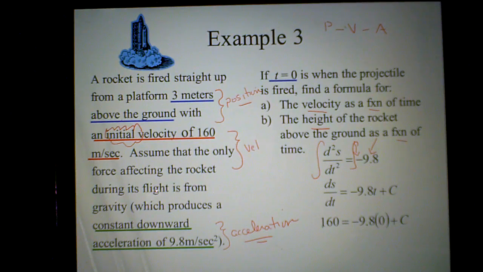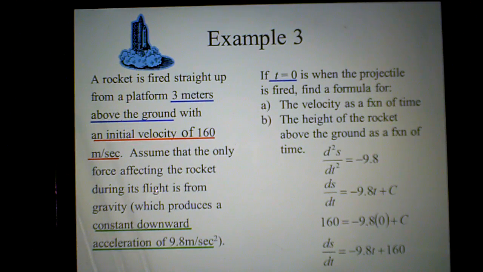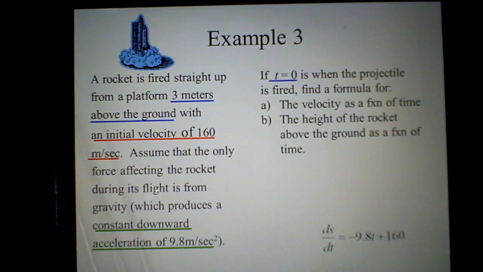So I plugged in 160 at time 0 and got my velocity. Velocity is the first derivative of position. So I have answered part A. Here is the velocity.